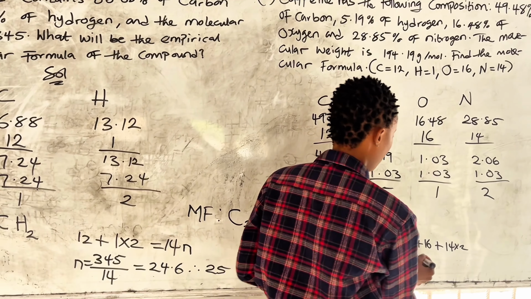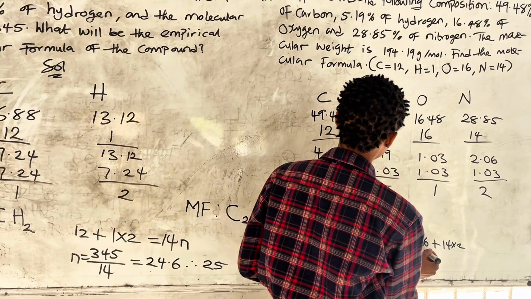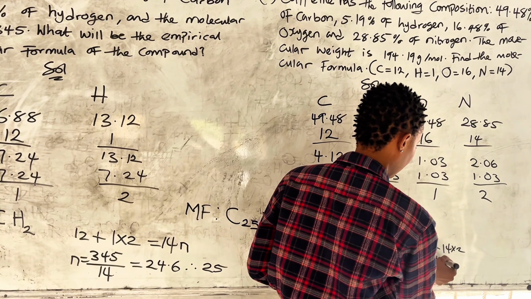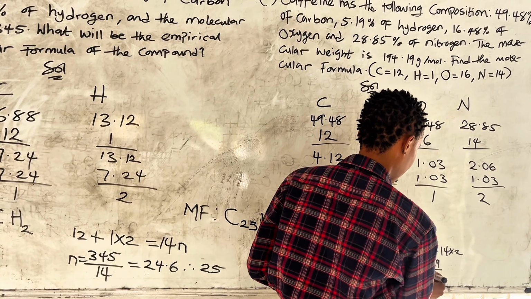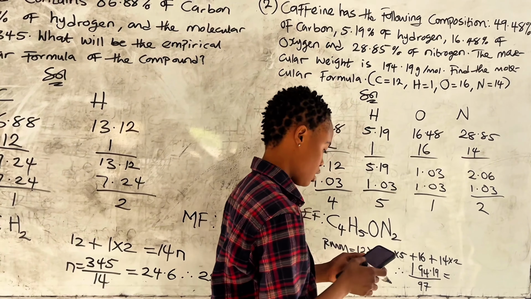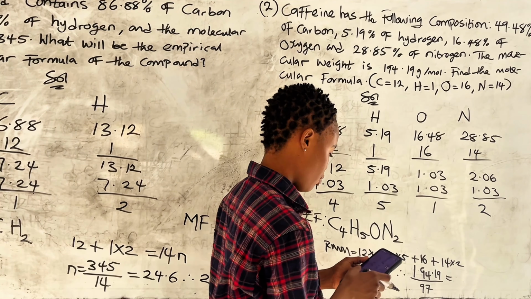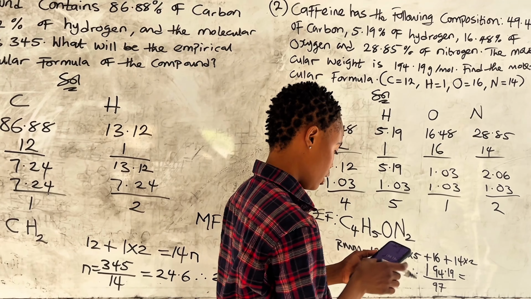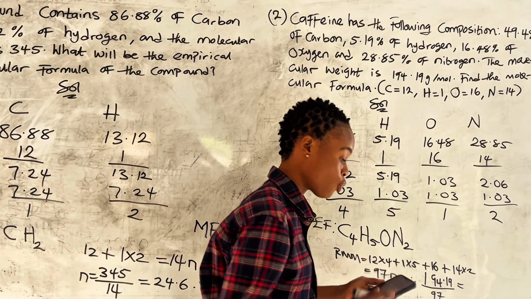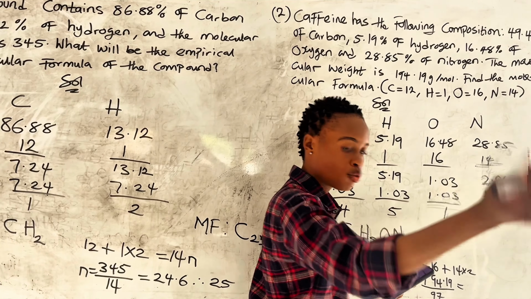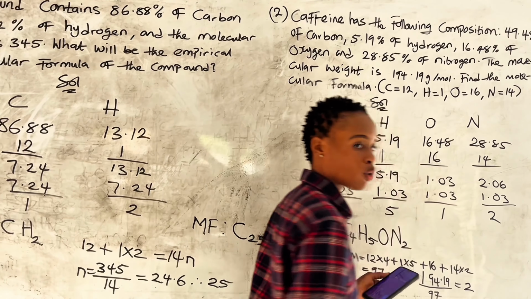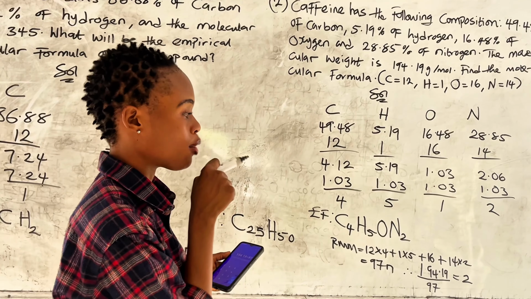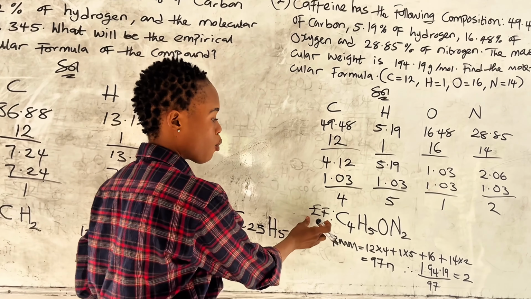So therefore, 194.19 divided by 97. So let's quickly do that. 194.19 divided by 97. So what we have is 2.00, which is what? 2.